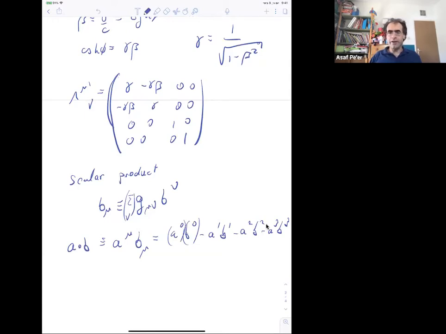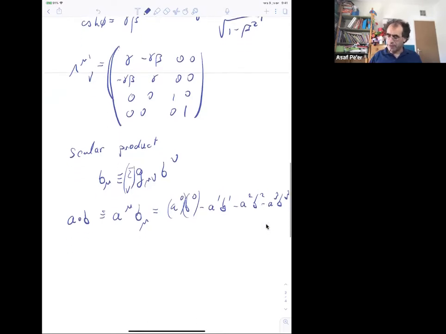So in a Minkowski space, of course, the norm of a vector, A squared, is just A dot A, the square of the norm of a vector. So in a Minkowski space, the norm of a vector can be 0 even if the vector itself is not 0.